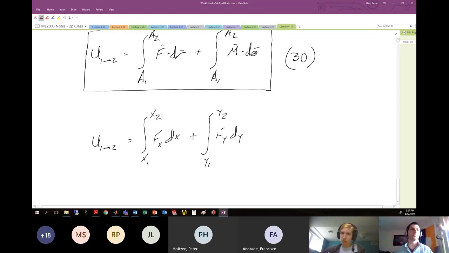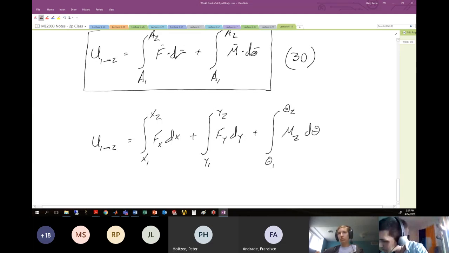So these are the forces in x, forces in y, just like when we did kinetics, we had the sum of the forces in x, sum of the forces in y. And then plus whatever work might happen from the moments as we rotate from position theta 1 to theta 2 with moments in the z direction, since we're rotating in this out of plane manner, times d theta. So this is your 2-dimensional version that you will be using in this class.